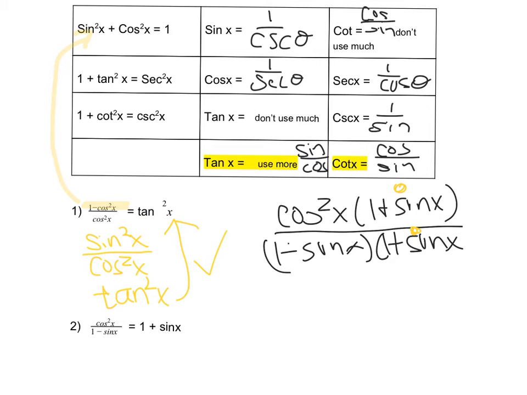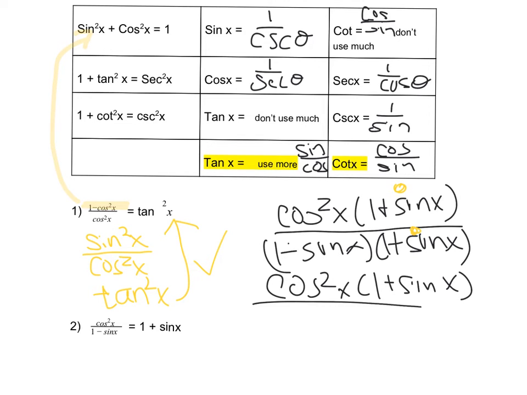In the numerator, I'm going to leave that alone a second. When I do this foiling, I know it's going to turn out to be 1 minus sine squared x. That's just a special thing. So I'd have cosine squared x times 1 plus sine x, no square on that one, sorry.